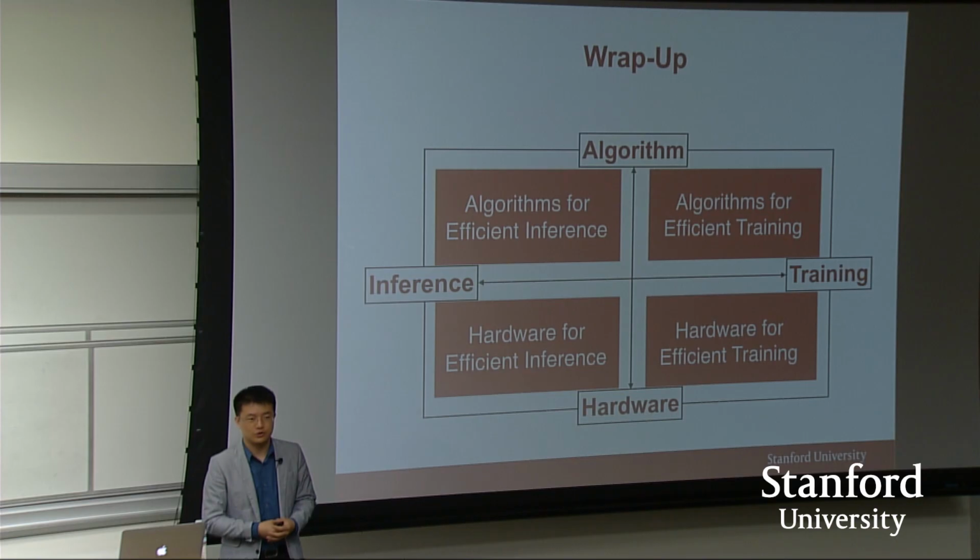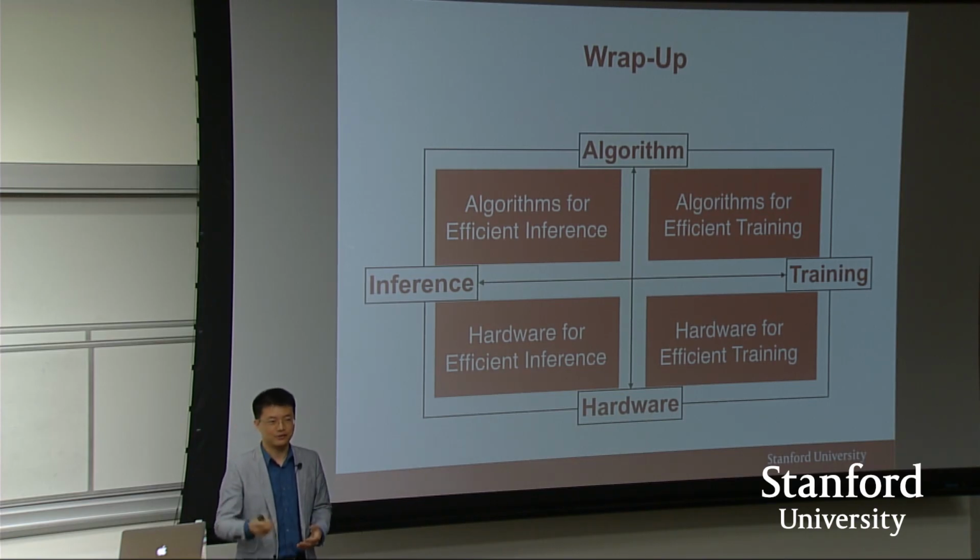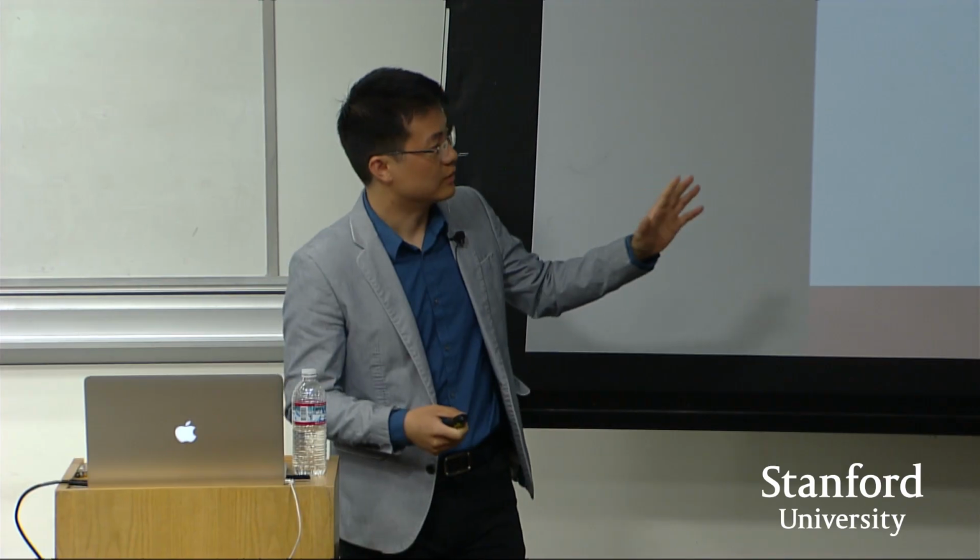And finally, we covered the hardware for efficient training and introduced 2 nuclear bombs. One is the Volta GPU, the other is the TPU version 2, the Cloud TPU, and also the amazing Tensor Cores in the newest generation of NVIDIA GPUs.